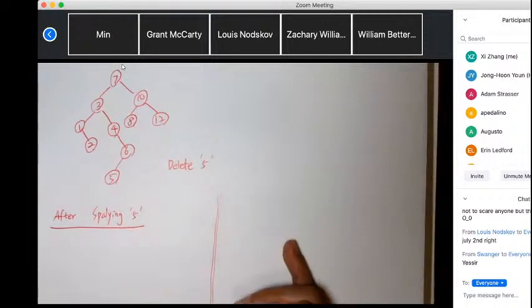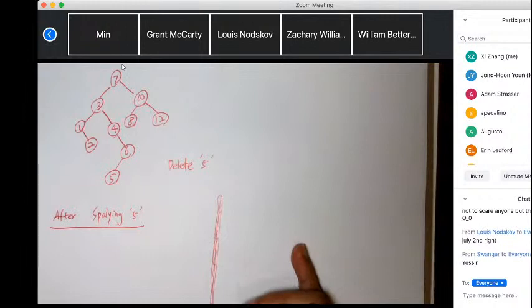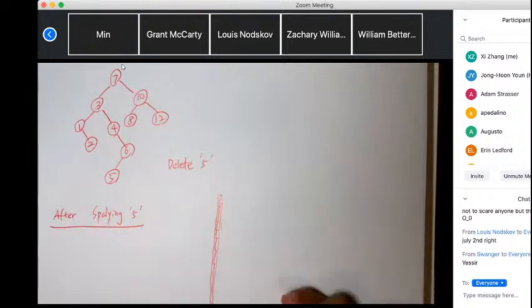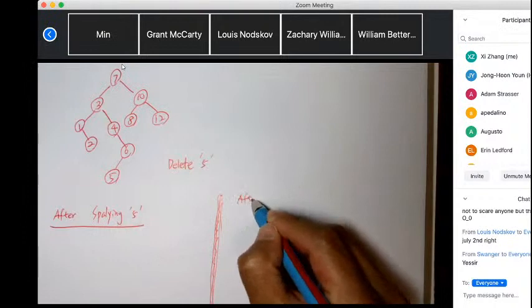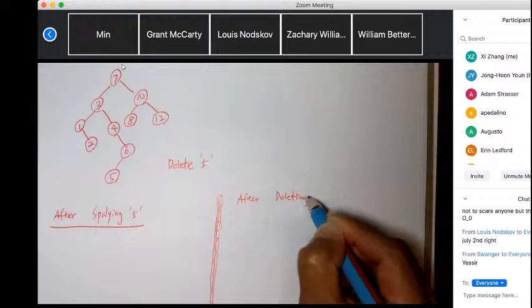Some students missed all the inversions, and for a minor mistake I deduct a small portion of the points. However, with just a number like 15, what can I do? I don't know whether you just randomly guessed or whether you counted it. There's no way I can find out. So draw a tree after splaying 5, and then draw a tree after deleting 5. Okay, draw 2 trees for this example.